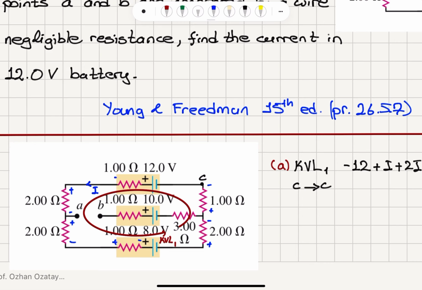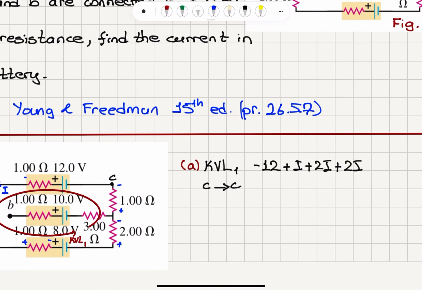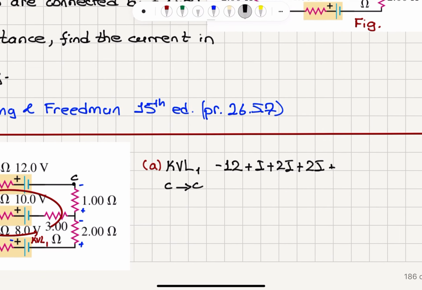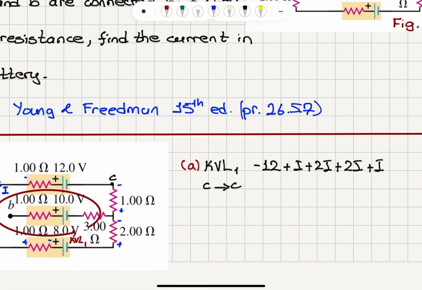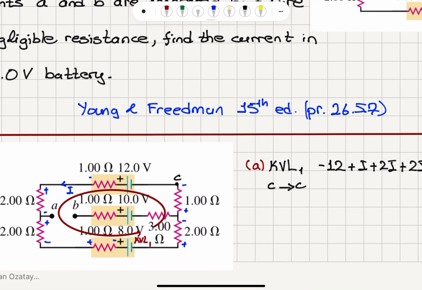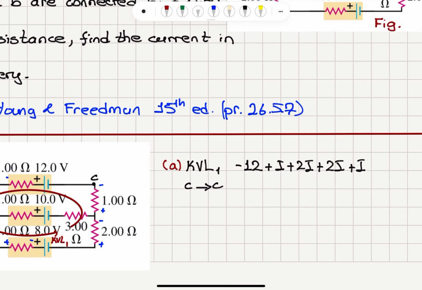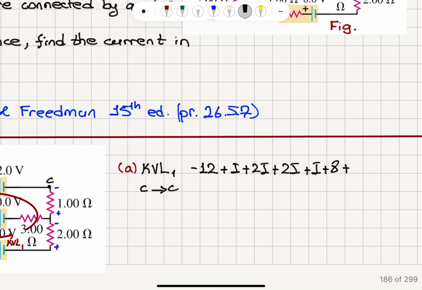The resistance here is 1 ohm, so I see another plus I. Then I see this resistor, 2 ohms. Well, before I see that, I see this 8 volt potential source. So there's a plus 8 here. Then I have plus 2I and plus I back to point C.